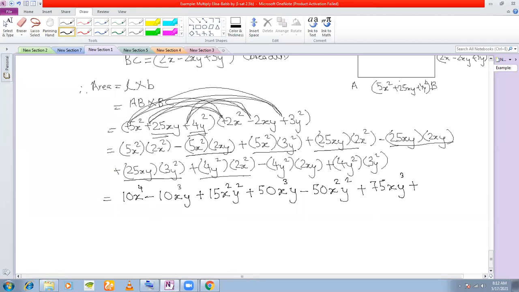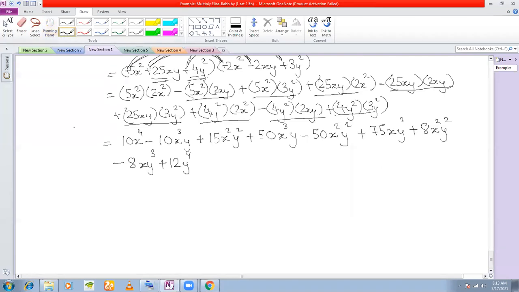Next, this term here, 4 into 2 will give you 8, and you have a single x square and a single y square. This term, you have an 8 here, 4 into 2. X you have, and y square into y will give you y cube. And here you have plus 12y to the power of 4.